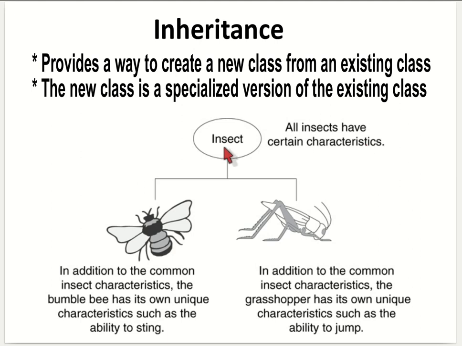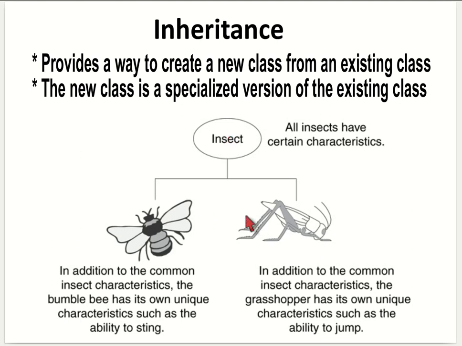If the insect is a grasshopper, it has certain shapes and its own unique characteristics, one of which is its ability to jump. The honeybee has the common insect characteristics plus its own unique ones, like it can sting. In our case, these two will be the derived classes and this will be our base class.